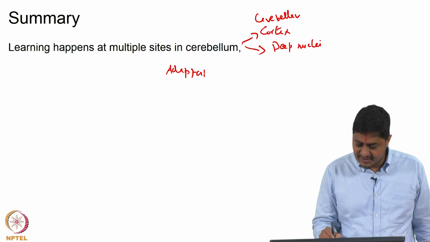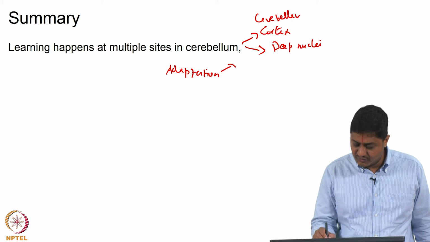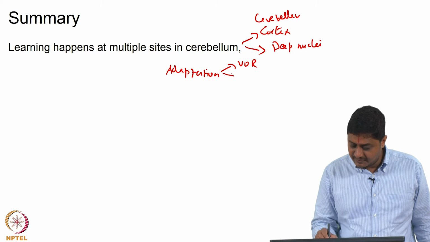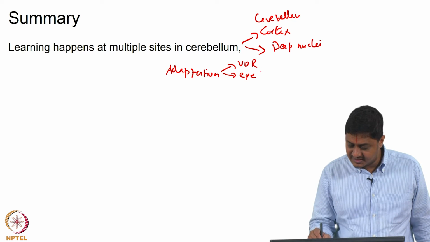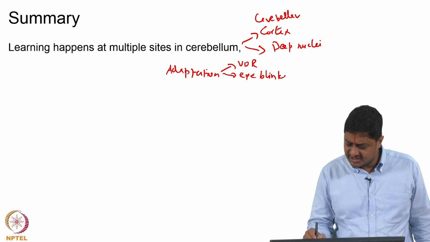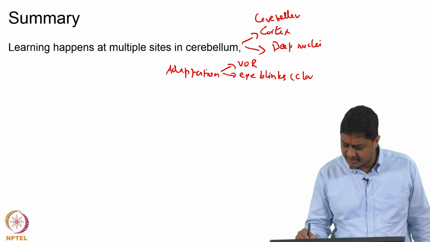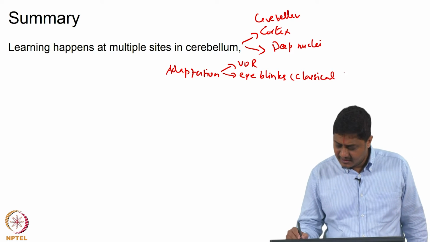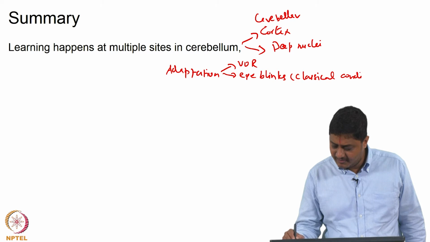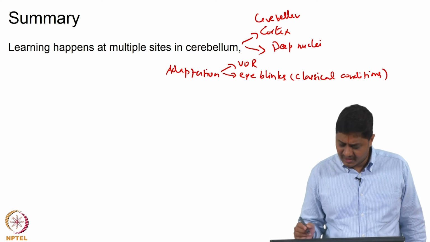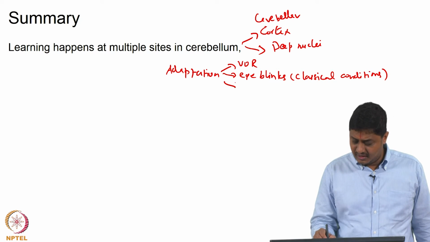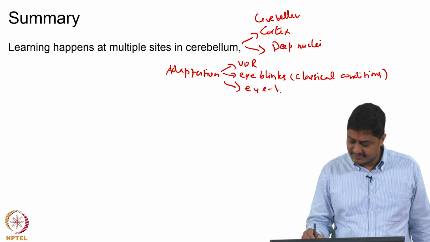We saw a few examples of this adaptation: adaptation of the vestibulo-ocular reflex, classical conditioning of eye blinks in response to air puffs, and eye hand coordination, for example.